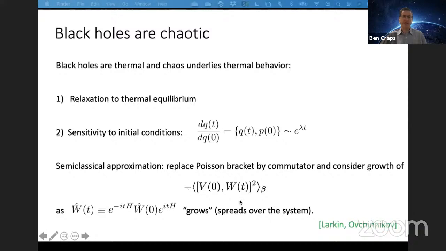You square it and then take a thermal average. The squaring is to avoid cancellations. And this measures how a commutator squared grows as the operator W evolves in time and spreads over the system.